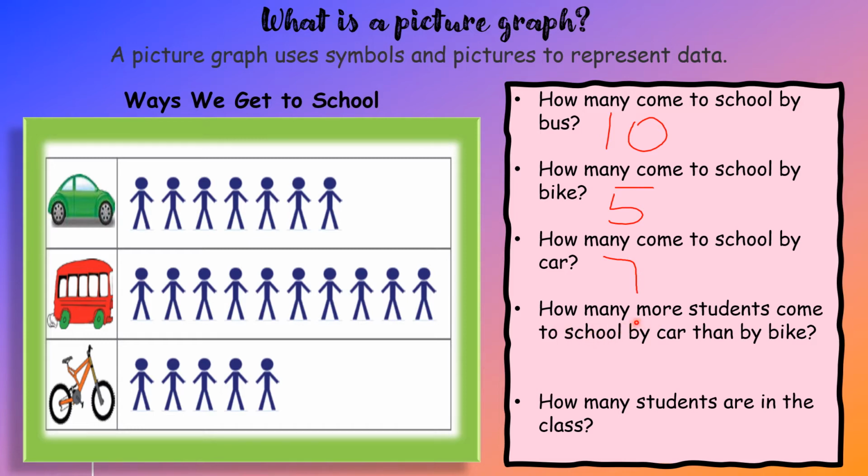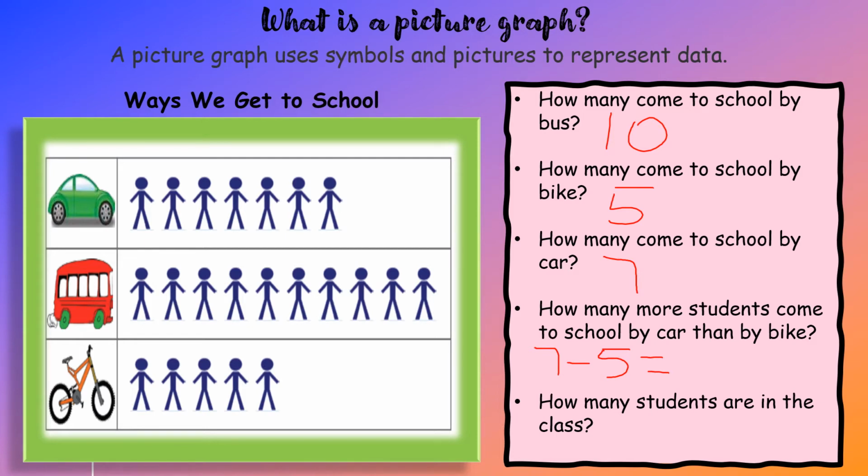So how many more students come to school by car than by bike? So we know that 7 kids come to school by car and 5 kids come to school by bike. So our subtraction problem will be 7 minus 5 equals.